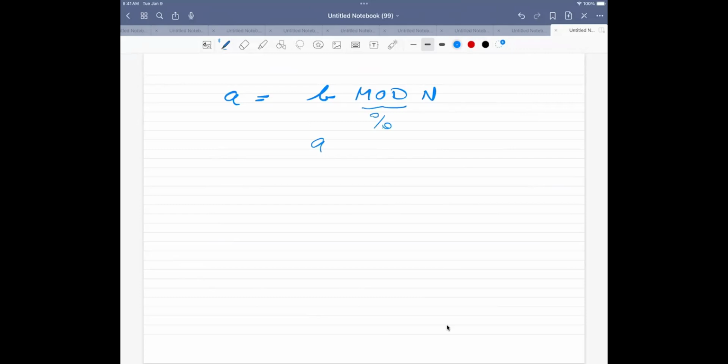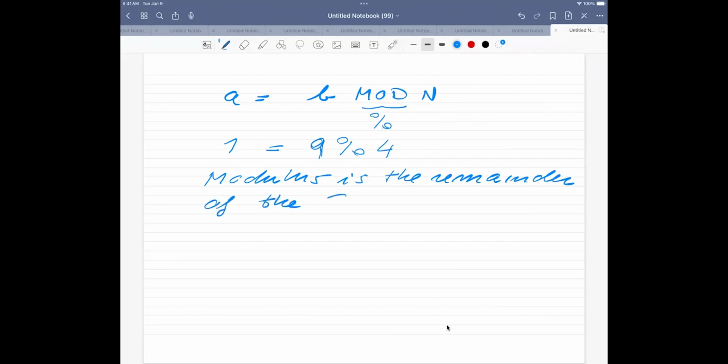This is the Python symbol for modular division. If I take the number 9 modulus a, then this is equal to 1. So the modulus, just to remind you, is the remainder of the Euclidean division.